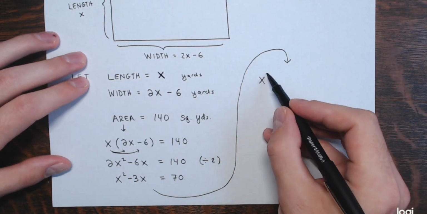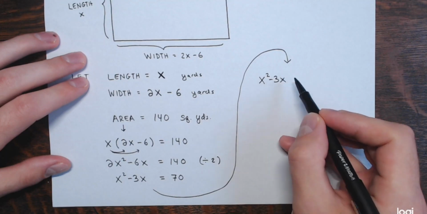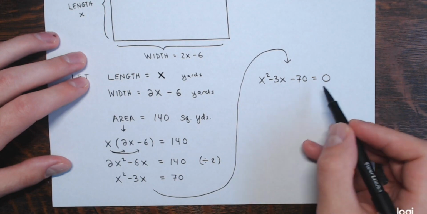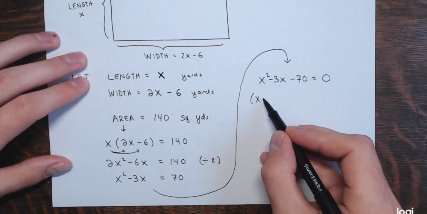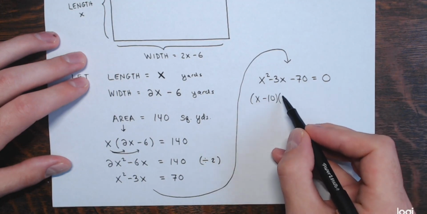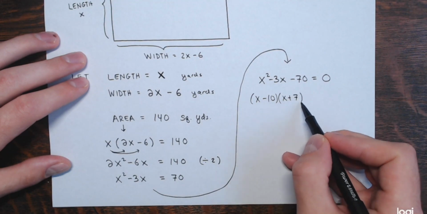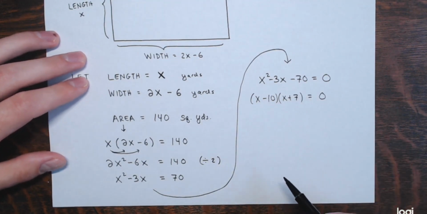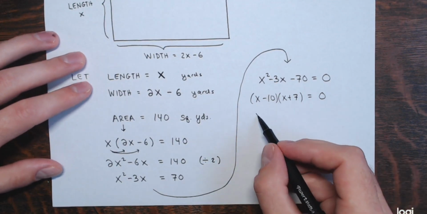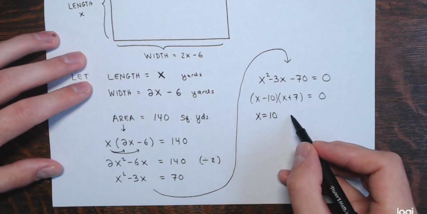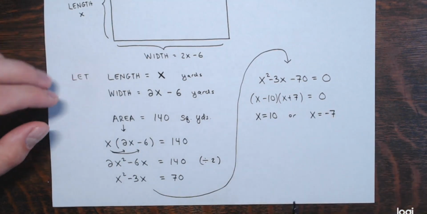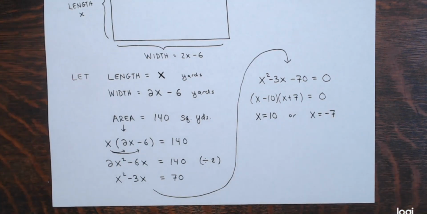We have x squared minus 3x, and then minus 70 equals 0, and this factors nicely to x minus 10 times x plus 7. And then using the zero product property, the solutions of this equation are x equals 10 or x equals negative 7.